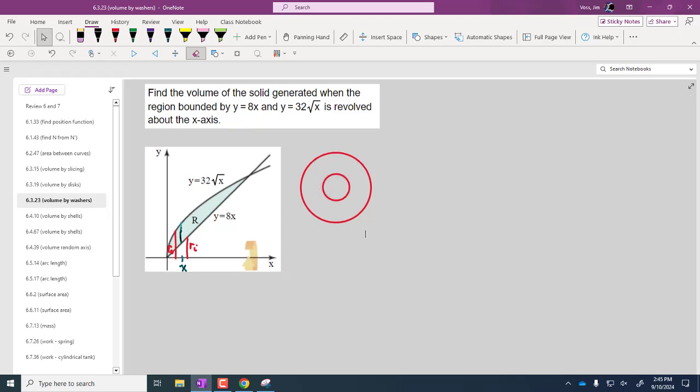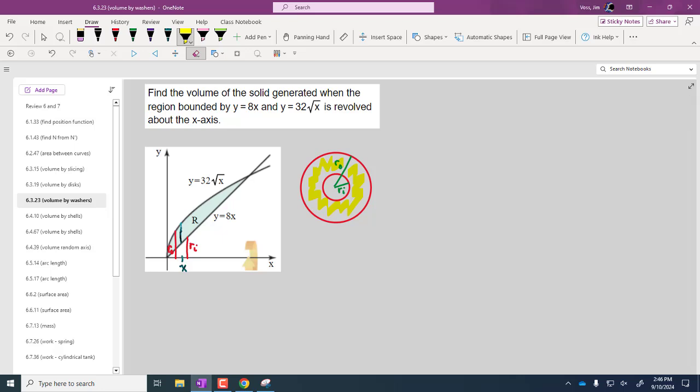So we have the inner radius and the outer radius. The idea is that we're going to take the outer area and subtract off the inner area, and that's going to give us the area of the annulus.